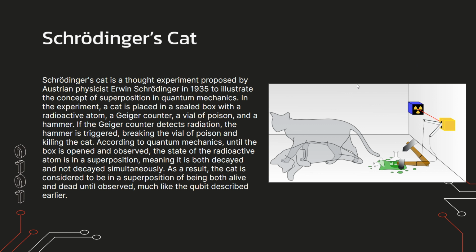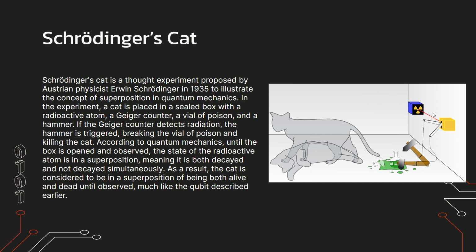If the Geiger counter detects radiation, the hammer is triggered and it breaks the vial of poison and kills the cat. According to quantum mechanics, until the box is opened and observed, the state of the radioactive atom is in a superposition, meaning it's both decayed and not decayed simultaneously. As a result, the cat is considered to be in a superposition of being both alive and dead until observed, much like the qubit described earlier. To simplify, what this basically means is we don't know if the cat is dead or alive until it's observed.